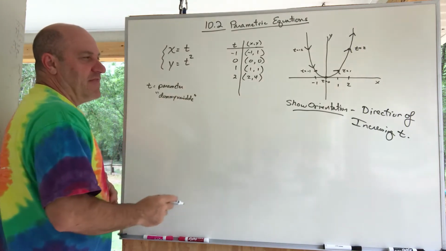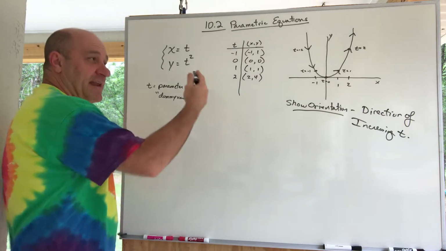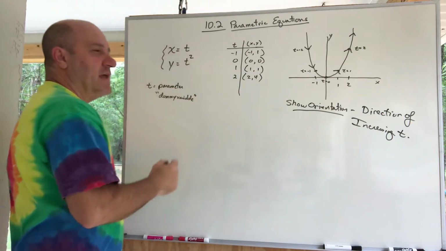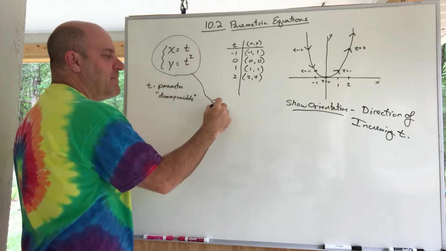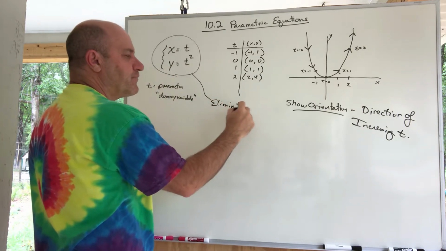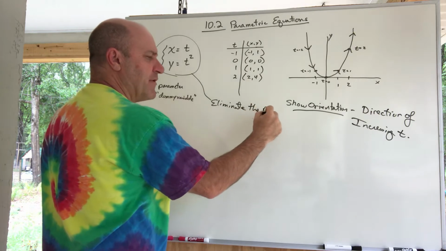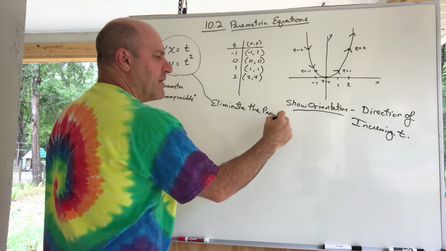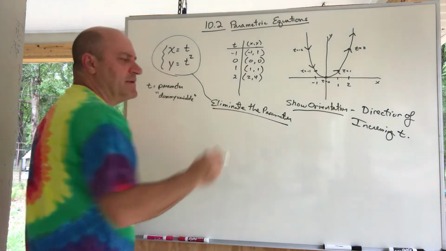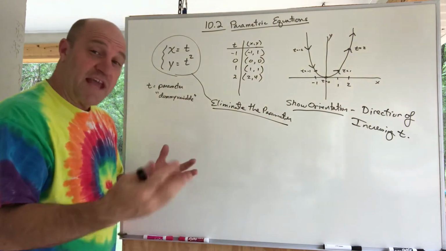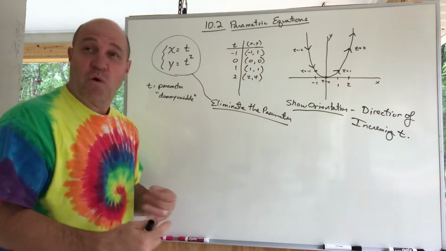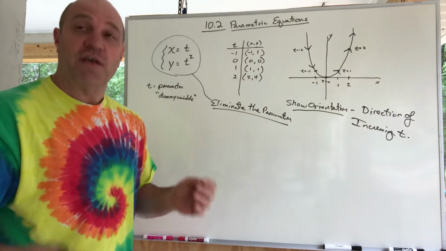Another little technique for analyzing parametric equations is we do something called eliminate the parameter. When we eliminate the parameter, we're left with the relationship between X and Y, which is what we call the good old rectangular equation.